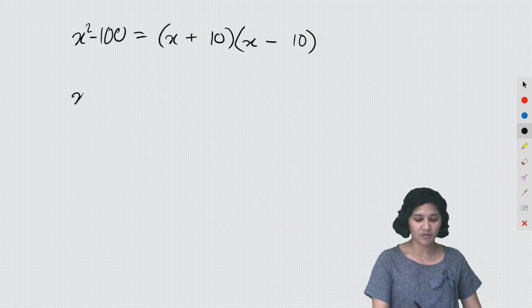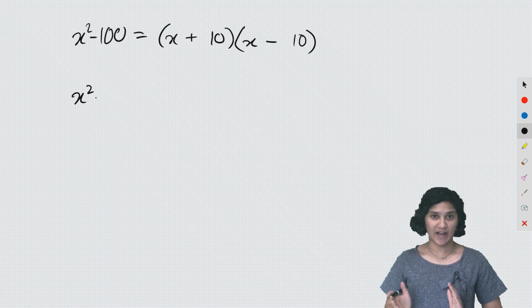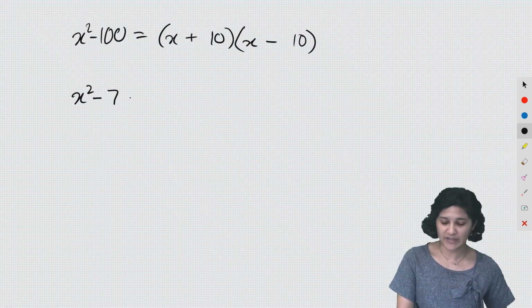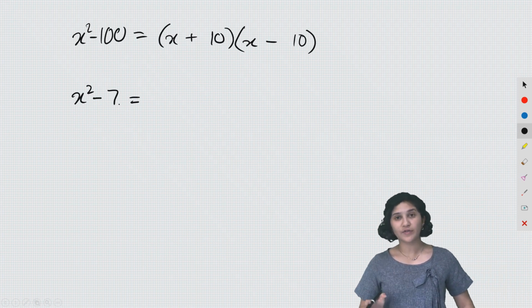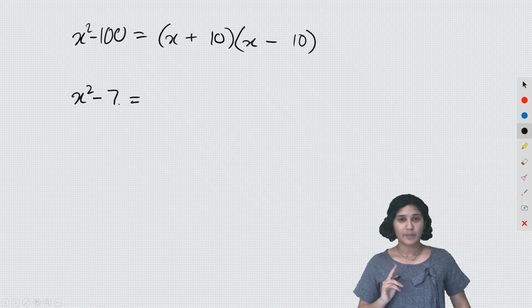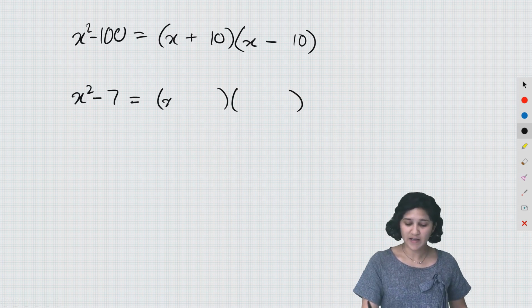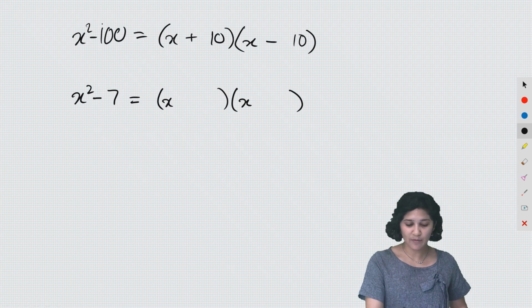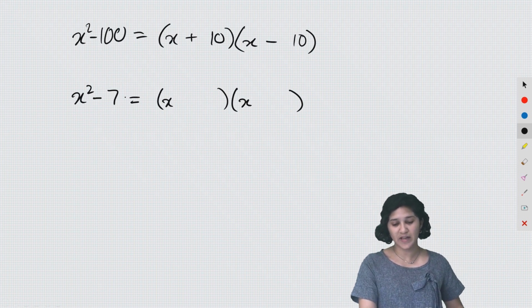So what do I do if I just have two terms, but it's not actually a square number? So let's say x squared minus 7. Well, I can still do difference of two squares factorization, but this time I'm going to get a surd. So I do exactly the same thing. I put my two brackets with my two x's, and I put the square root of this term. So last time we had a 100, so the square root of 100 was 10.